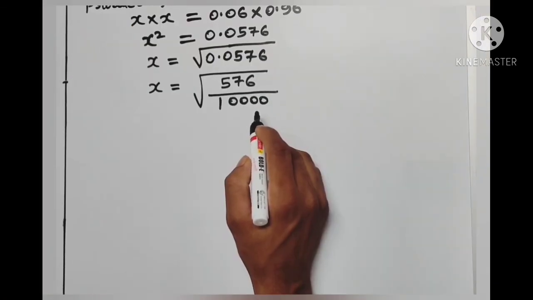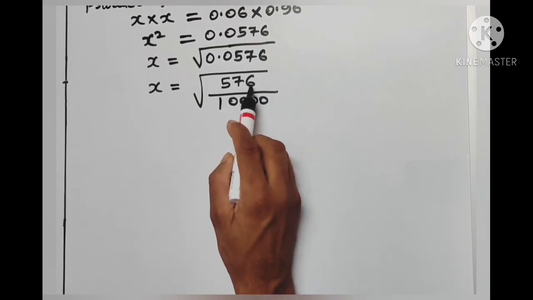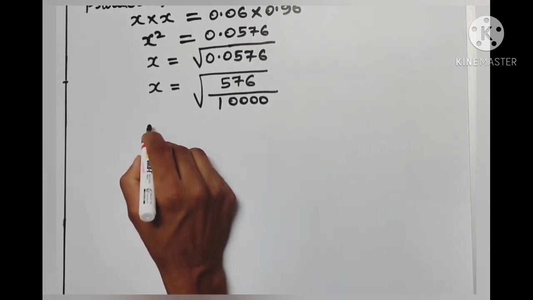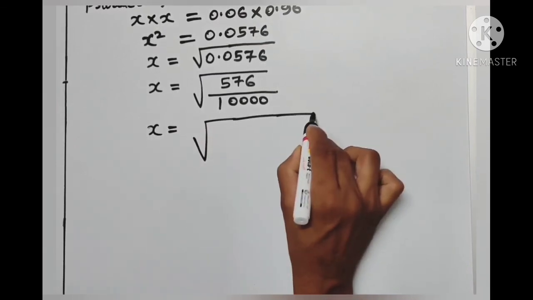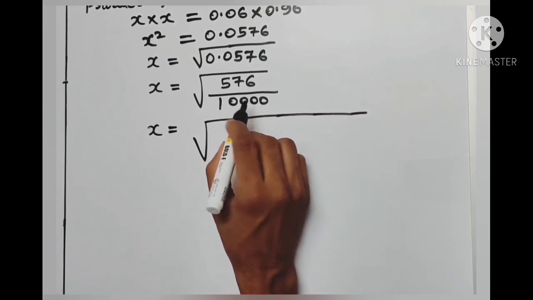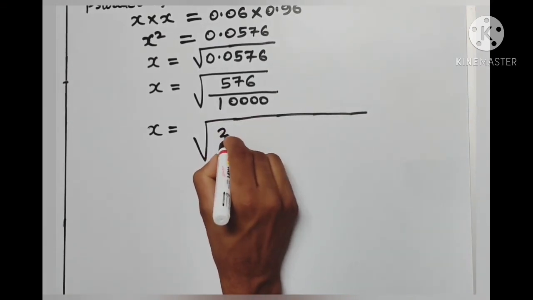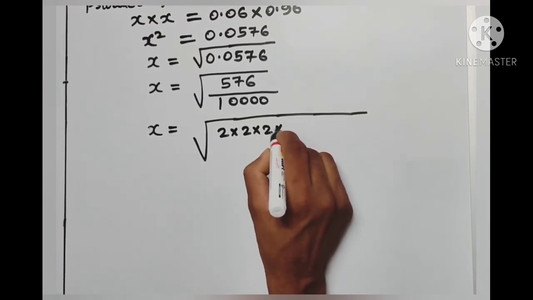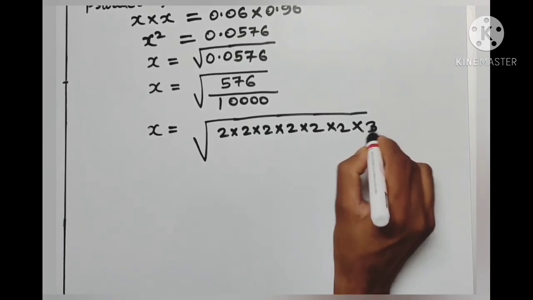Now I am going to find the square root of this fractional number, that is 576 by 10,000. Okay, so for this I am going to write the prime factorization of this 576, and the prime factorization of 576 is 2 into 2 into 2 into 2 into 2 into 2 into 3 into 3.